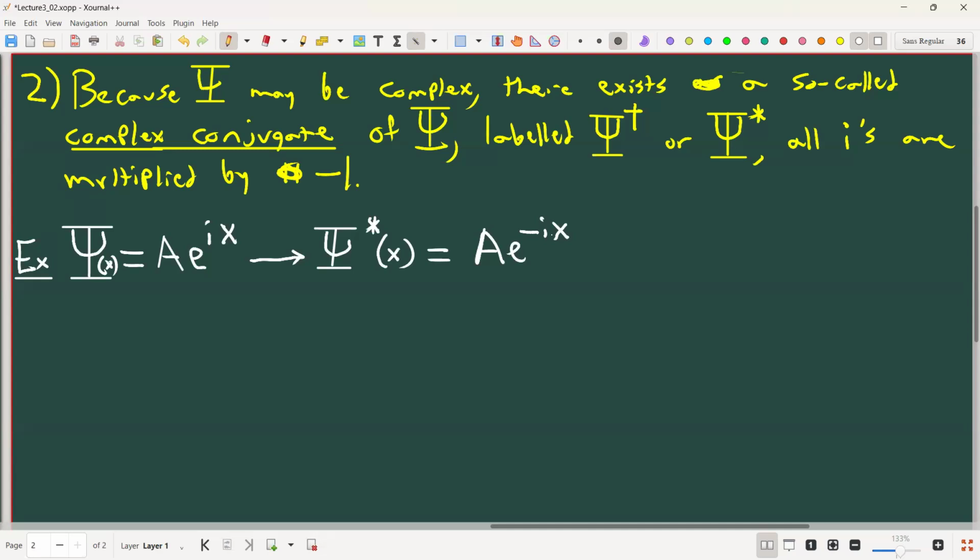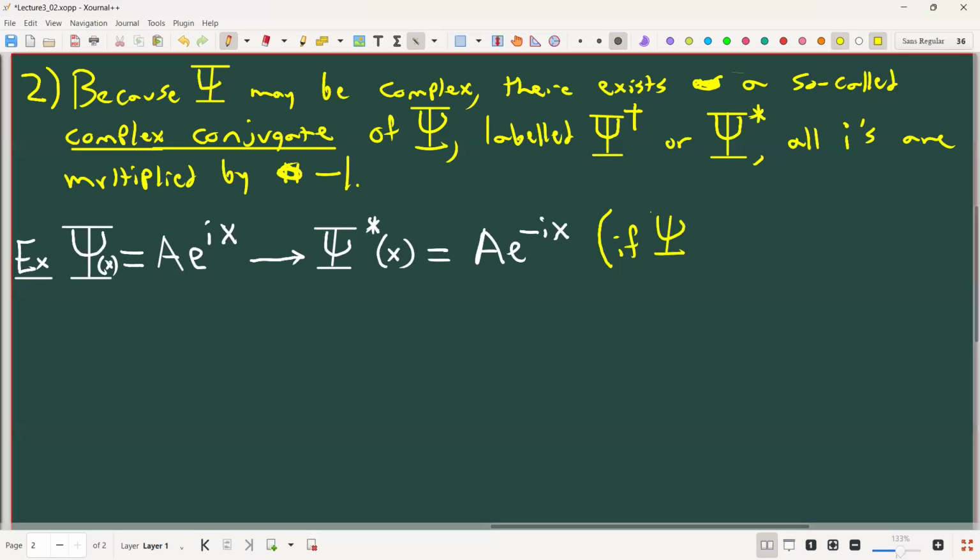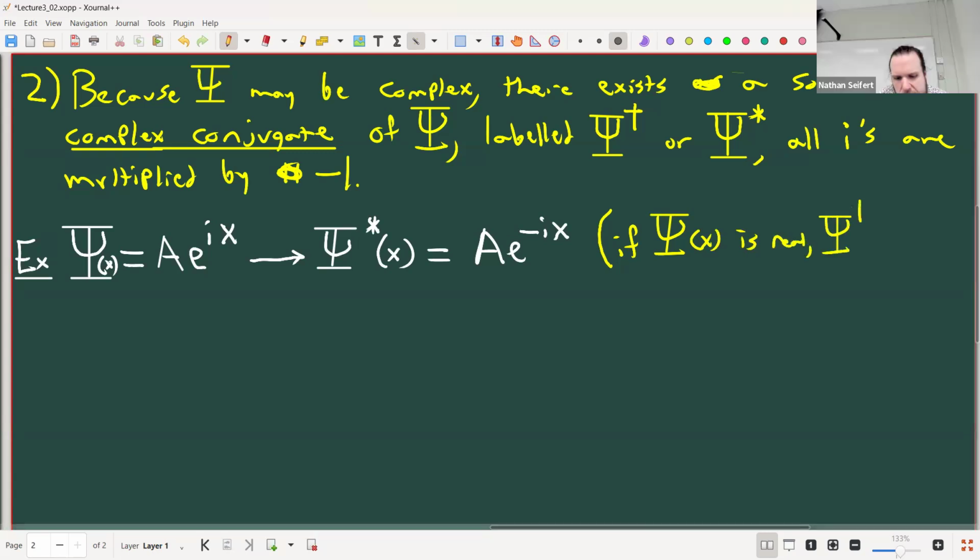Now, if it's a real function, if it's a e to the x, then the complex conjugate is exactly the same, because there are no i's. You don't do anything if it's real. So if psi is real, psi dagger is equal to psi.